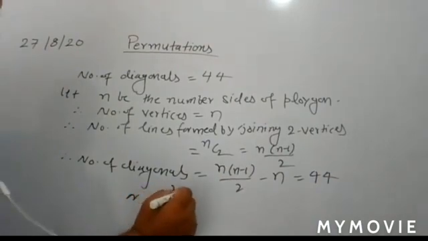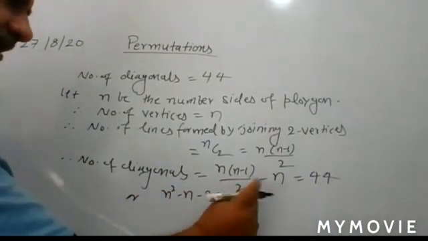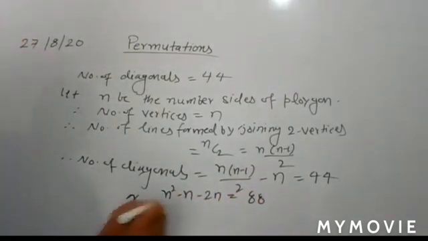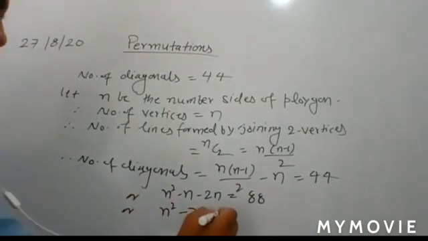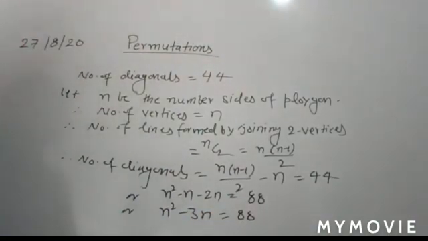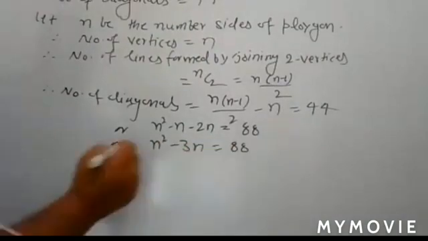Okay, and then simplifying it, you have n square minus n minus 2n is equal to 88. You multiply here by 2, and so here you have n square minus 3n is equal to 88. Okay, so just simplify here.